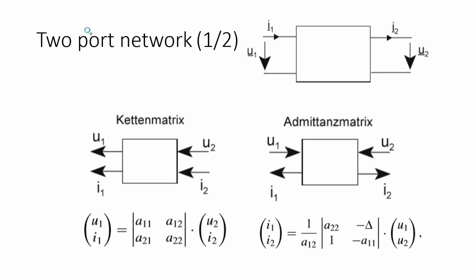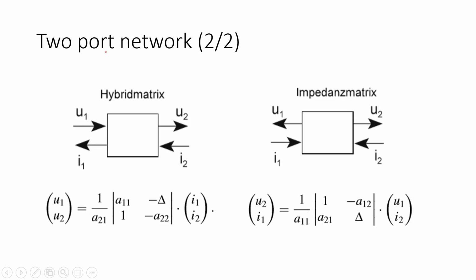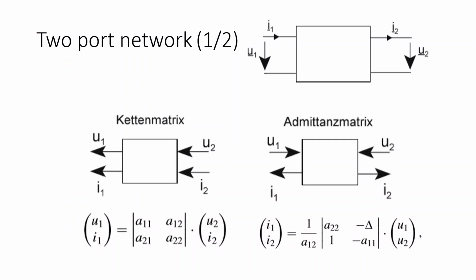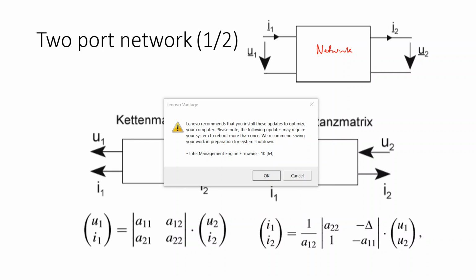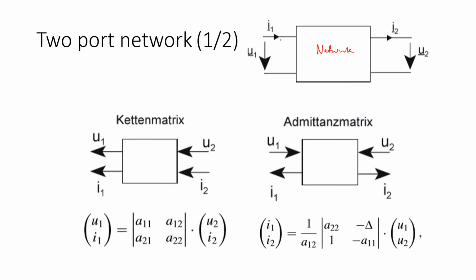By talking about two-port networks, we are interested in two sides of the network. When we say network, it is not necessarily a closed path.